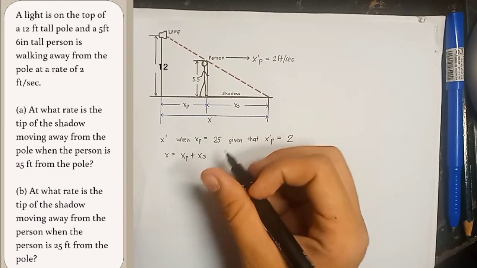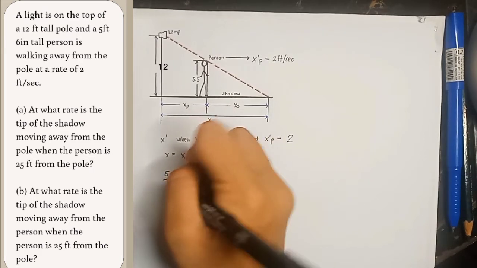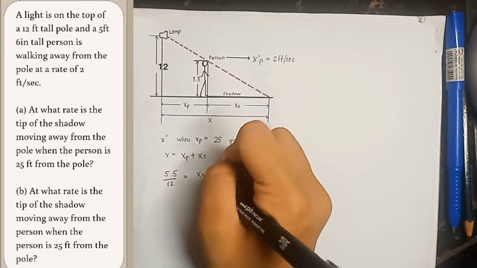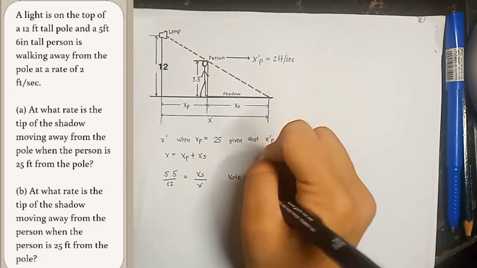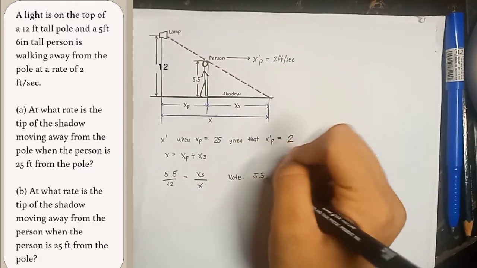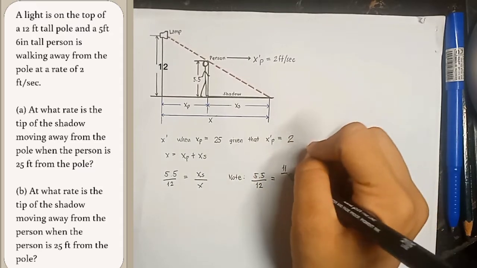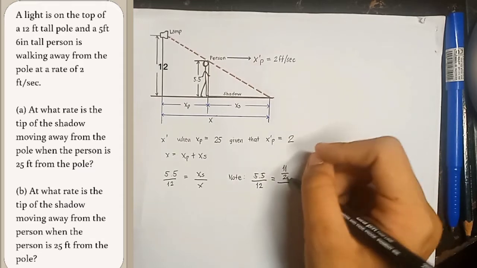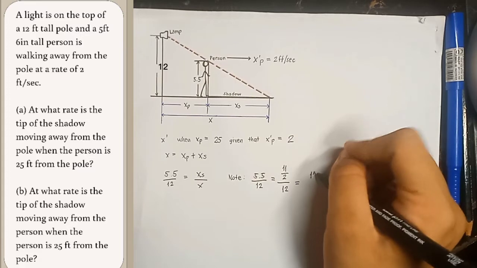To do this, we can again make use of the fact that the two triangles are similar to get 5.5 over 12 equals x sub s over x. Note that the fraction form of 5.5 is 11 halves, then over 12, so that is equal to 11 over 24.